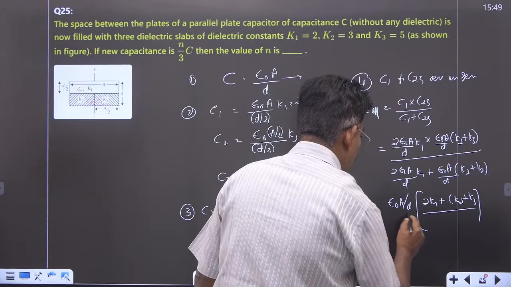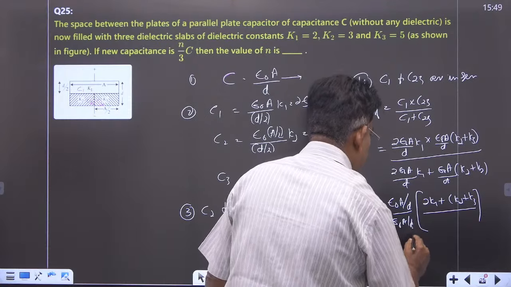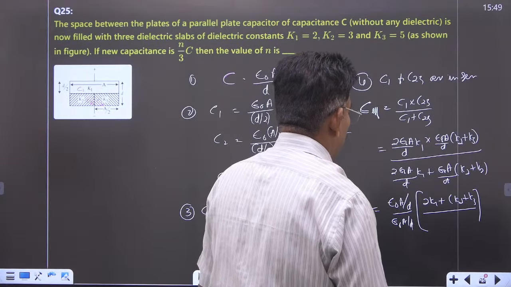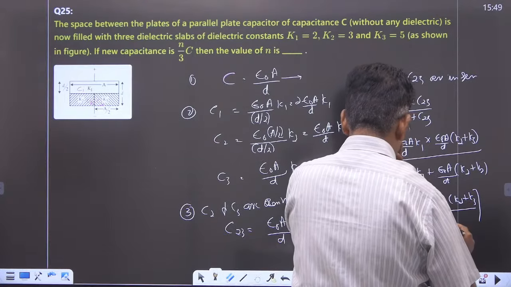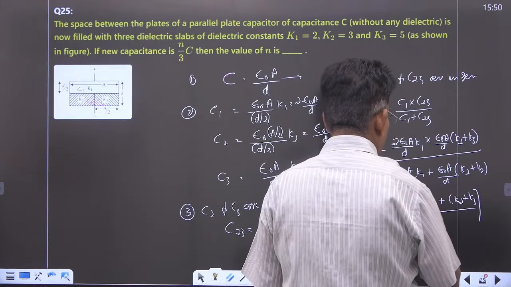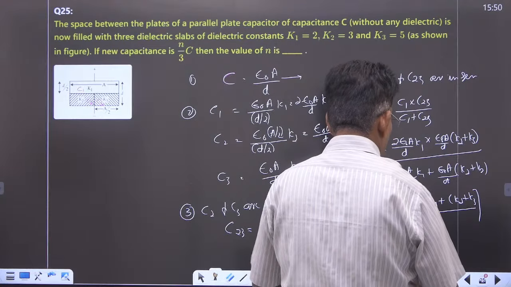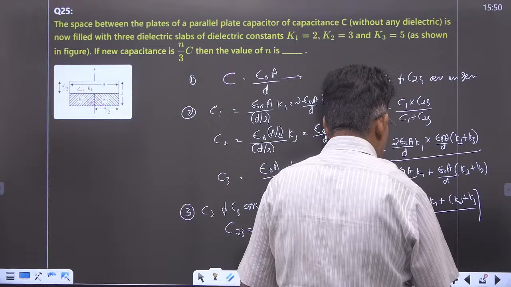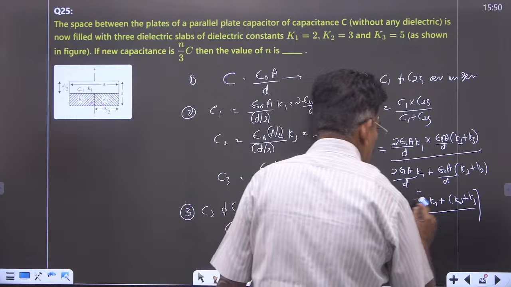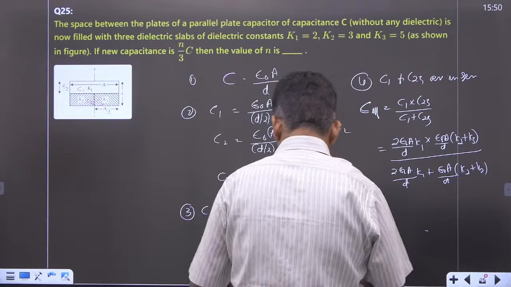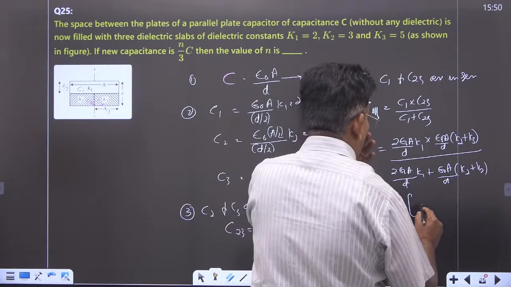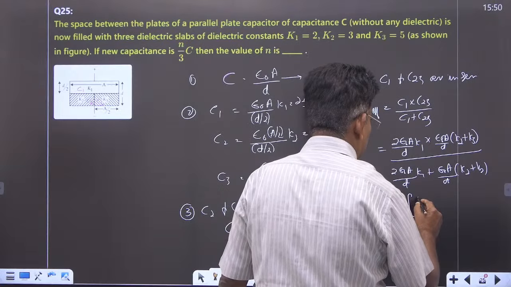In the denominator, when I take out epsilon 0 A by D, what remains is 2K1 plus K2 plus K3. In the numerator, one epsilon 0 A by D has been taken out, and the other remains.